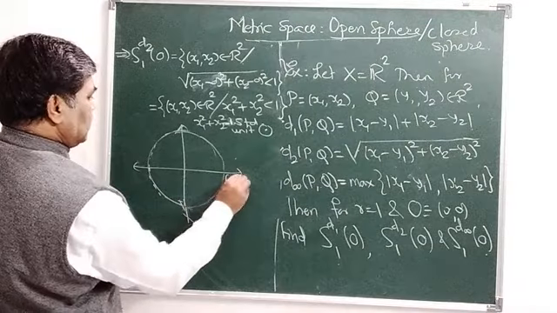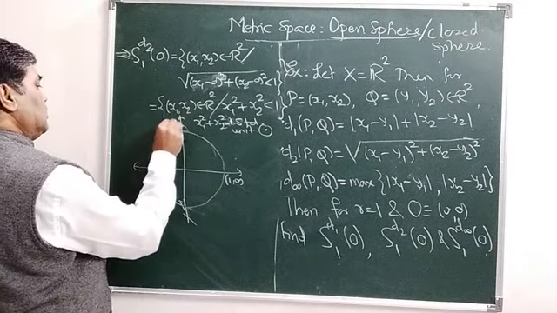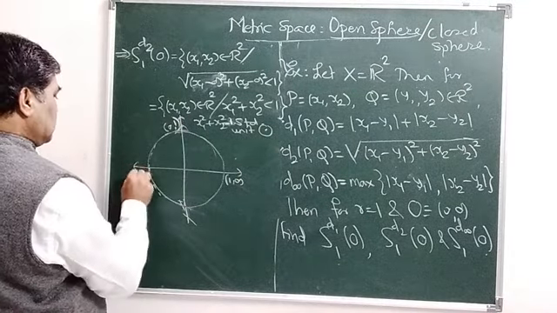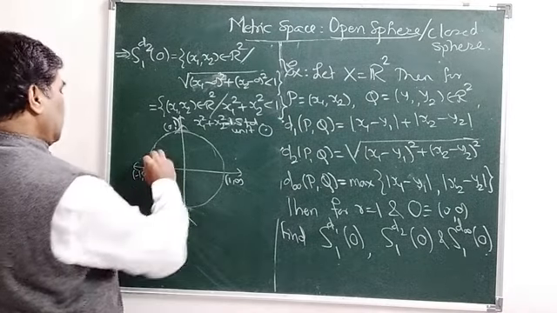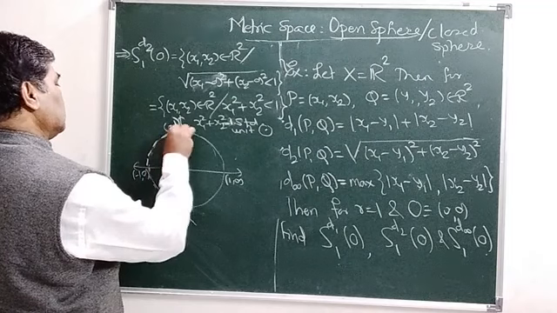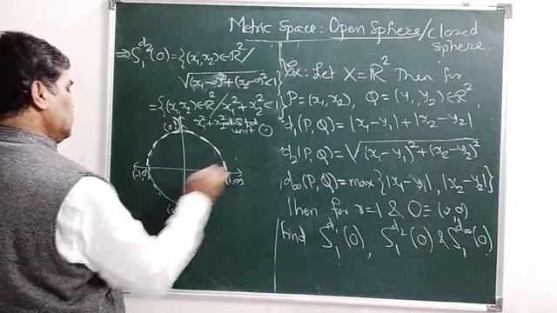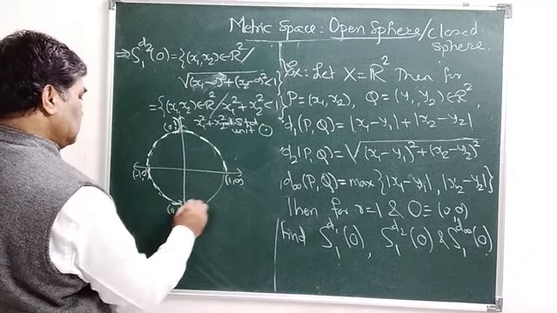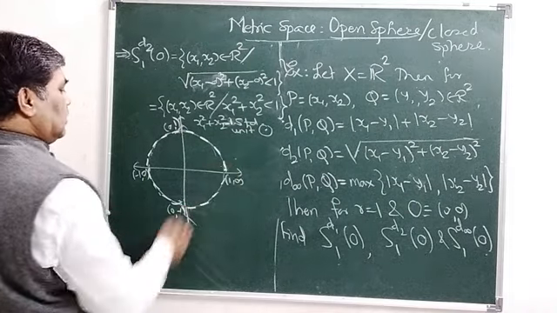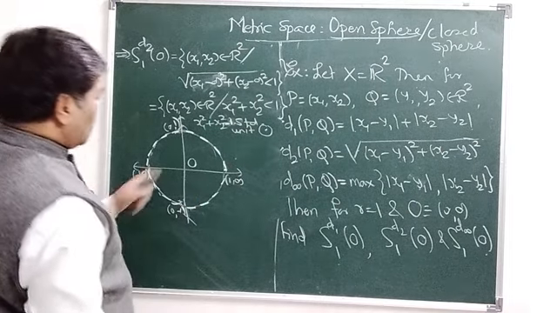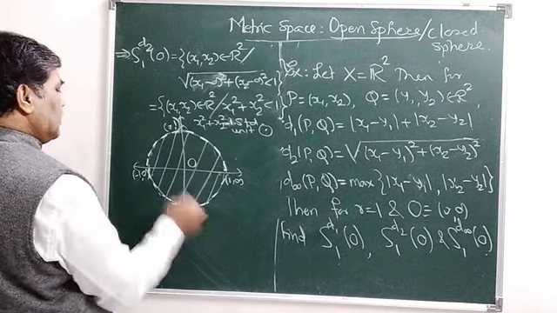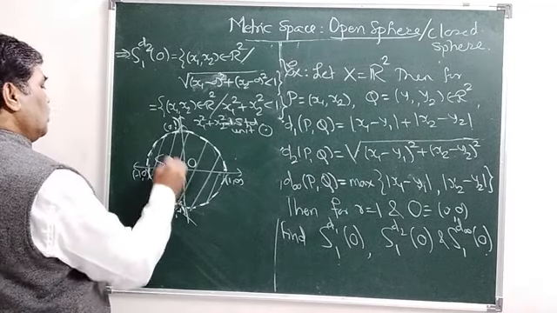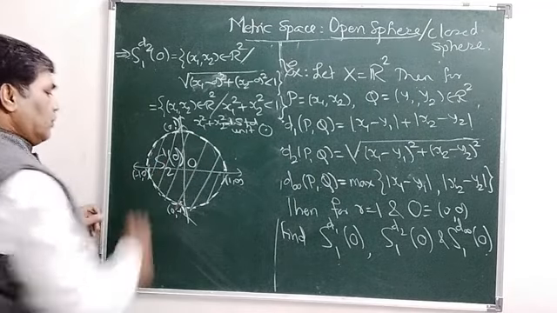So this is (1, 0), this is (0, 1), this is (minus 1, 0), and this is (0, minus 1). The boundary is not included, so this is the interior part. This is your S2 1 0.